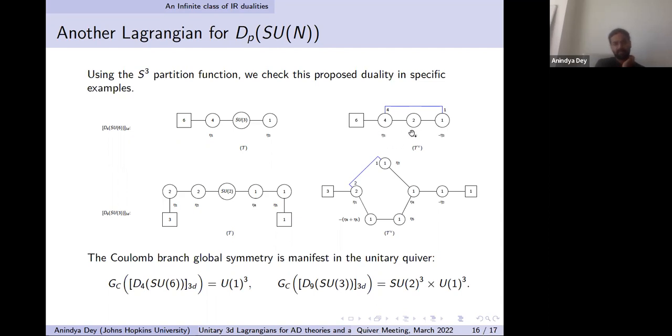So there are exactly three unitary factors, and there's a U1 factor for each one. What happens in the second example is even more radical. So you see here one balanced object, another balanced, but the true global symmetry is SU2 cubed times U1 cubed.